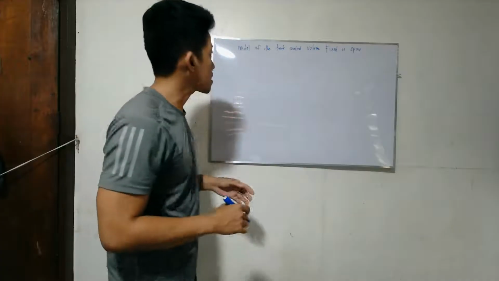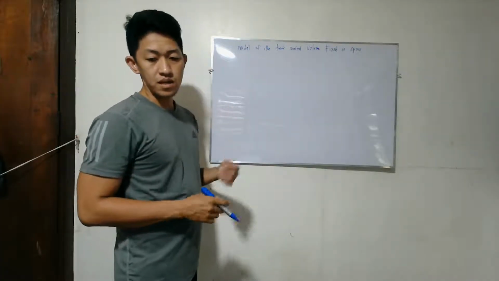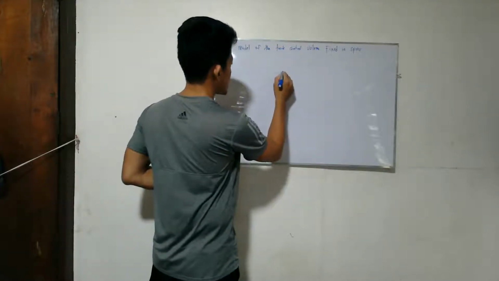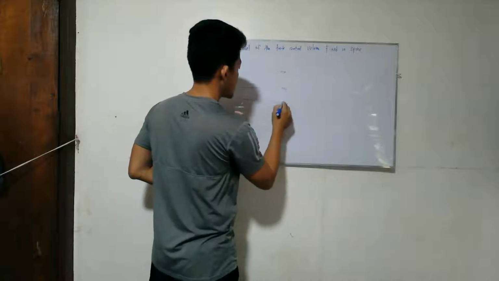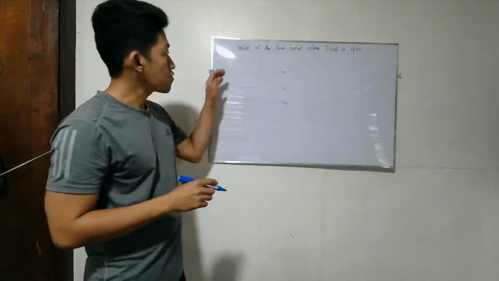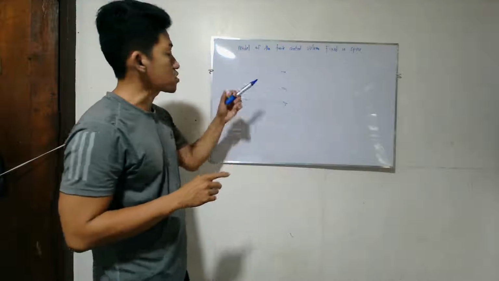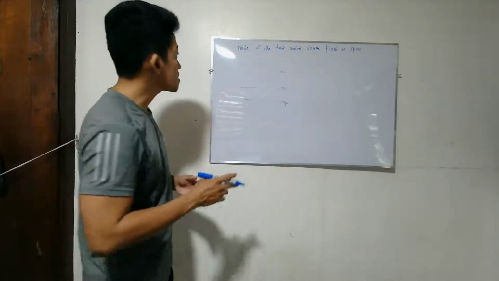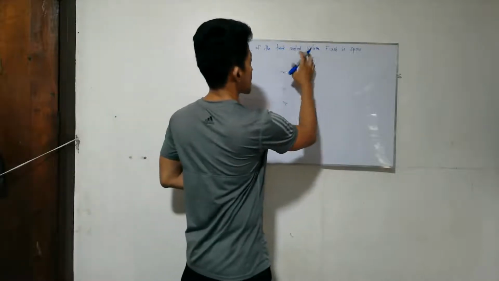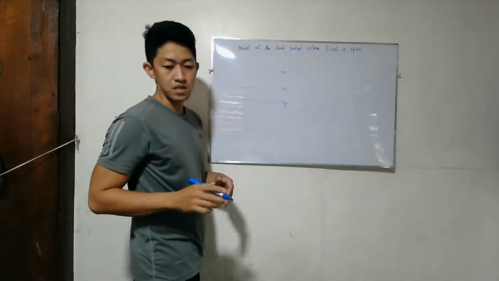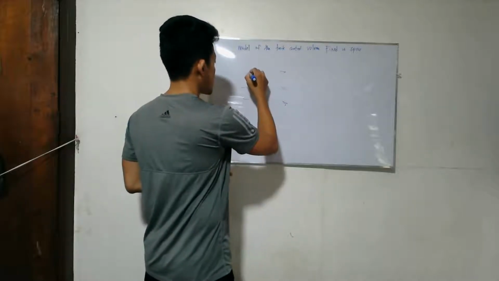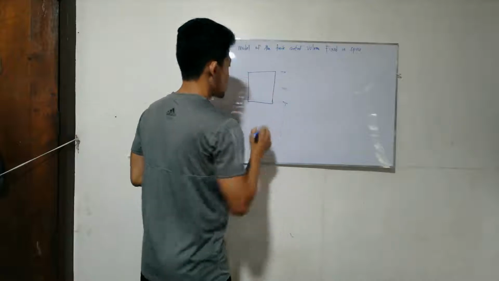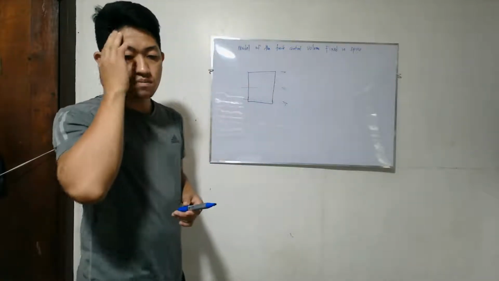So this is the first model of the fluid. Okay. So imagine that you have a fluid that is in motion. Okay. So how do you model this one? First is you model this one as a finite control volume that is fixed in space. So you consider a finite control volume.